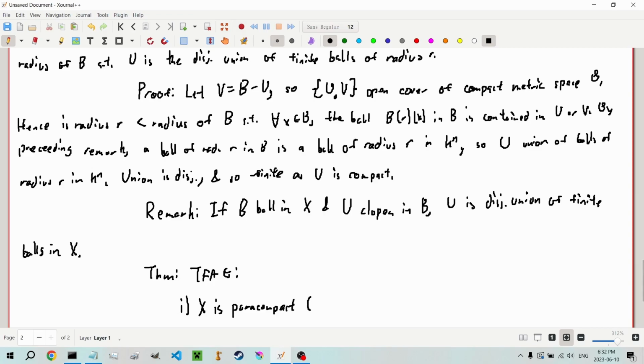That's every open cover has a locally finite open refinement.